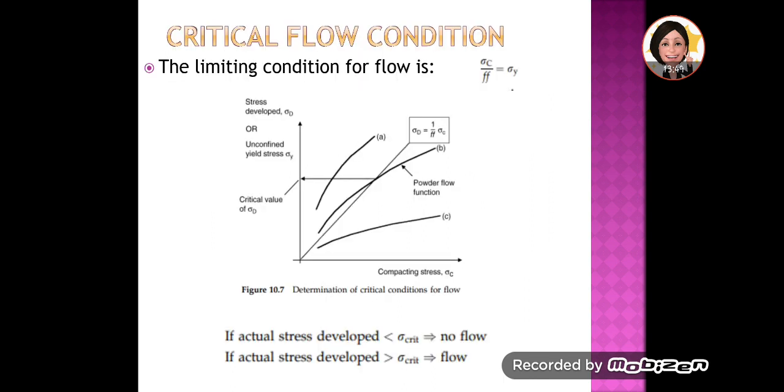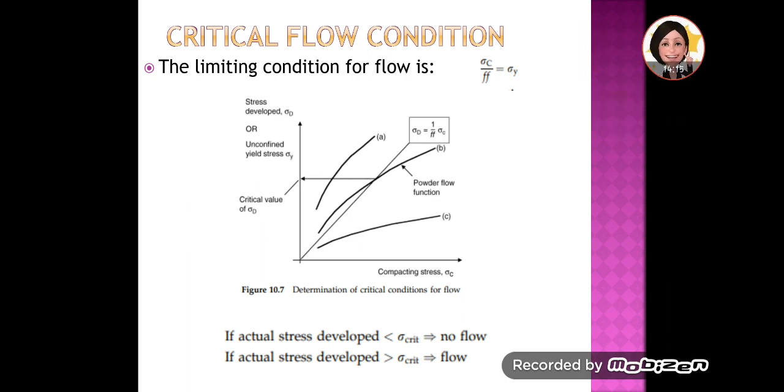So let's look into the critical flow condition. The limiting condition for flow is when sigma c over flow factor equals sigma y, the unconfined yield stress. So let's look at figure 10.7.